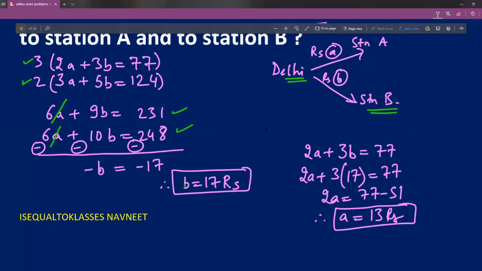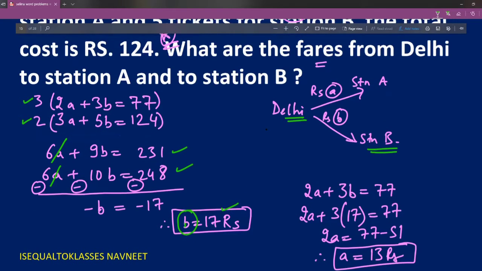So this will be 17 rupees. And I put this value of B in my equation 1. I solve this and I get the value of A. So B will be rupees 17 and A will be rupees 13.